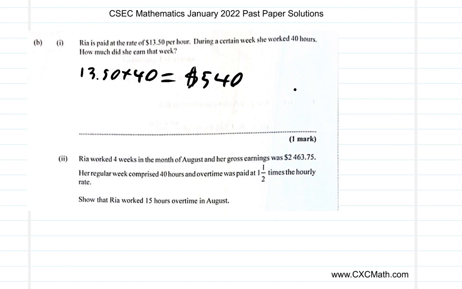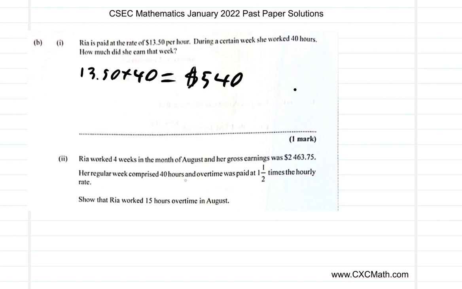Now, remember, you should work out the parts of the question that I'm about to work, even when I don't remember to tell you to pause the video and work it out. So, I'm going to want you to pause the video and work out this part where it says, Rhea worked 4 weeks in the month of August and her gross earning was $2,463.75.